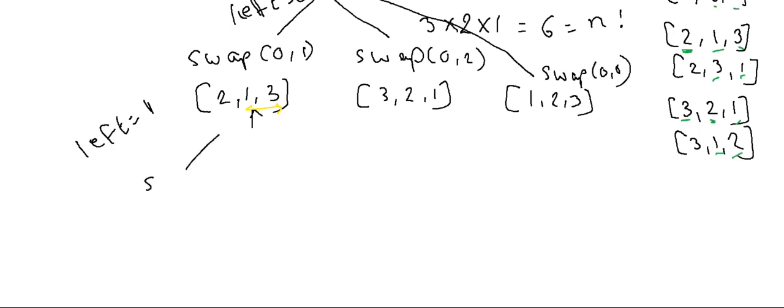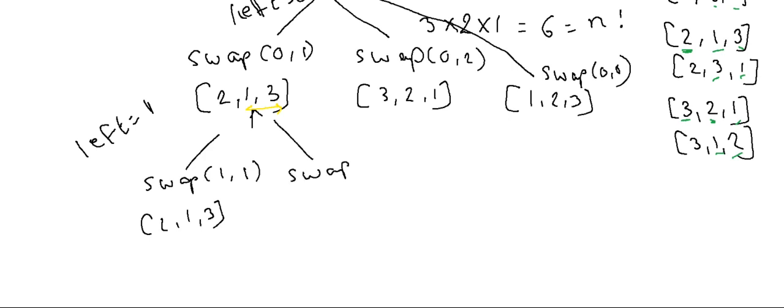If I swap position 1 with itself, I get 2, 1 and 3. But if I swap position 1 with 2, I get 2, 3 and 1.